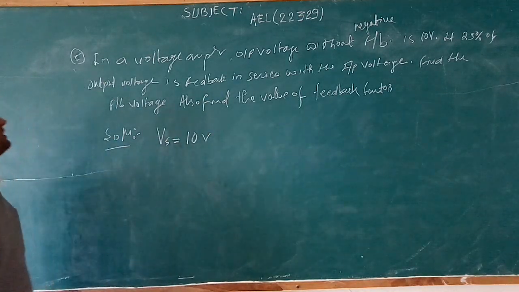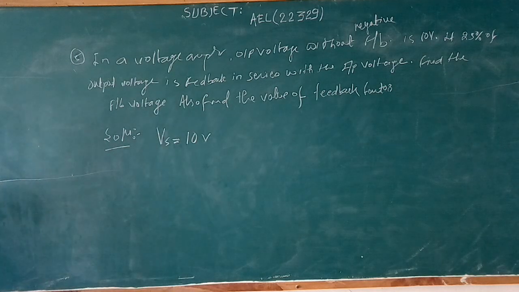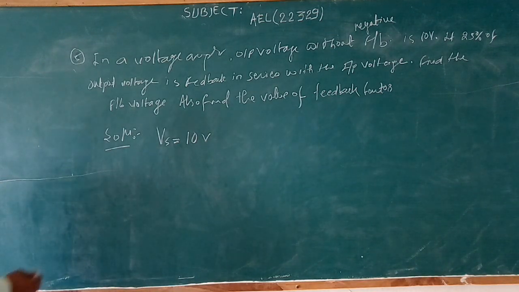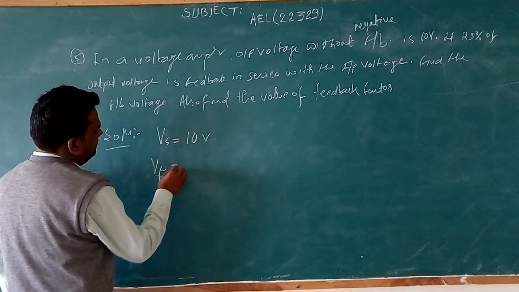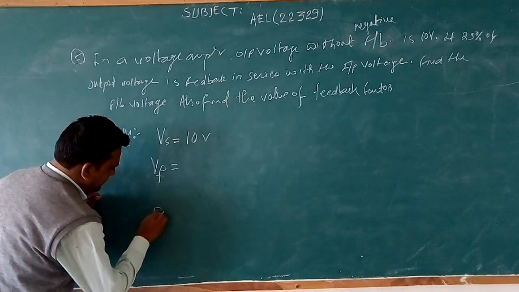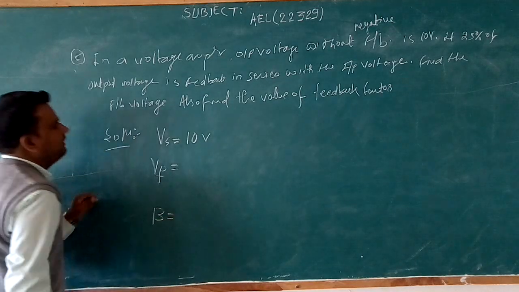If 25% of the output voltage is fed back in series with the input voltage, find the feedback voltage and also the feedback factor. That means we have to find the value of Vf and the value of beta, that is the feedback factor.